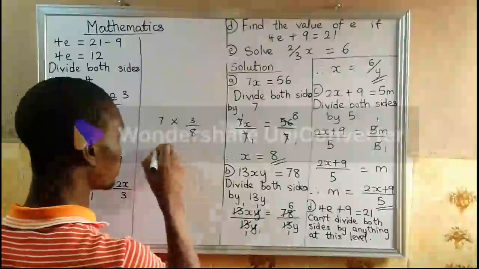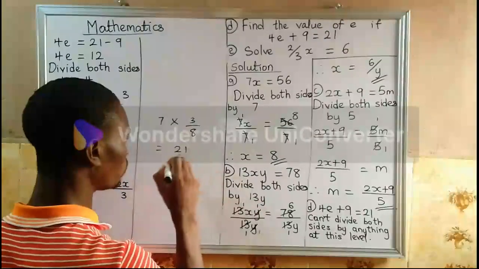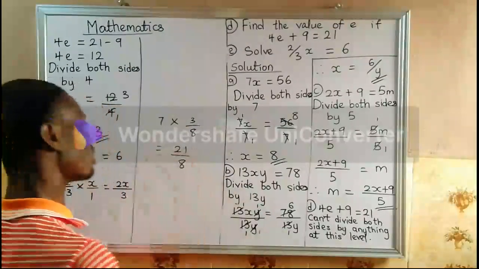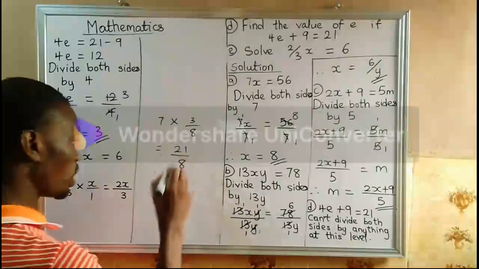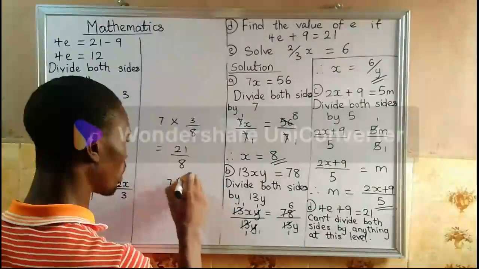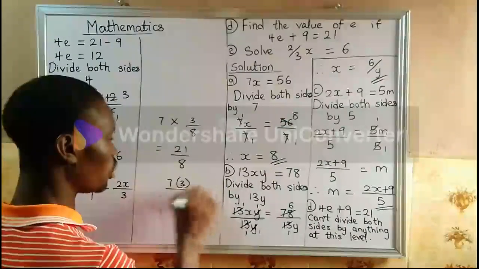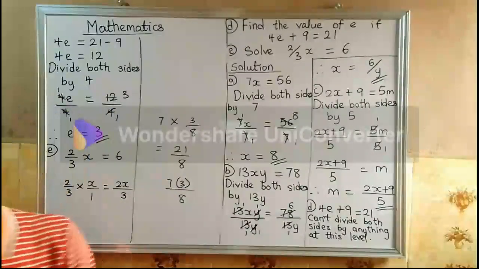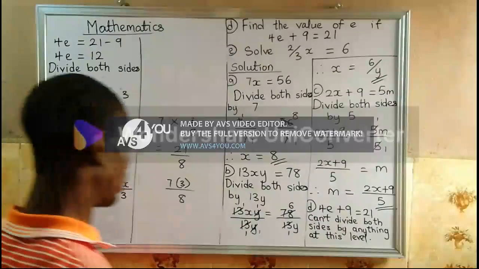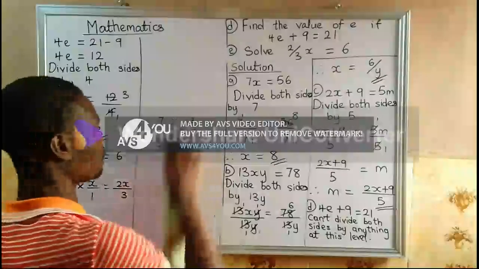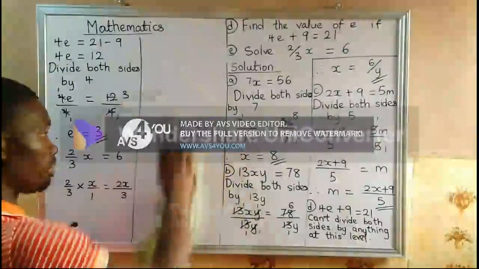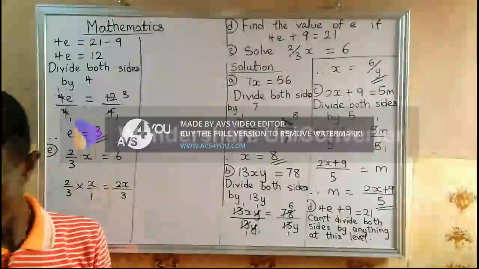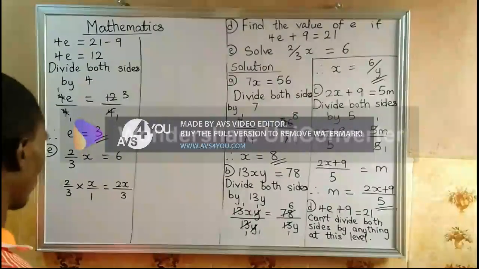So this will eventually give 7 times 3, that's 21, all over 8. So what this means is 7 into bracket 3, 7 all over 8. So that's that. Let's just take note of that. You don't multiply with the denominator, just the numerator alone. Okay?